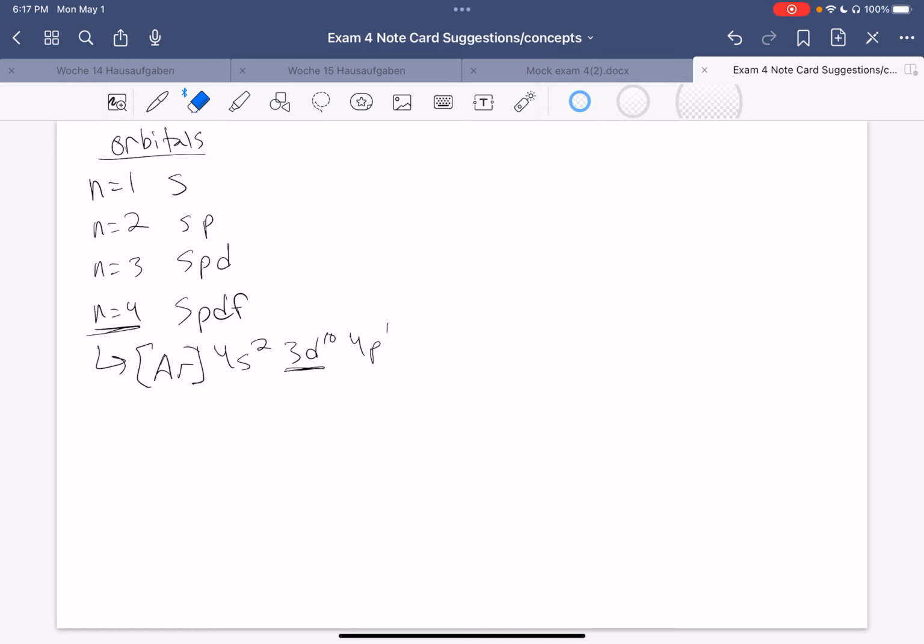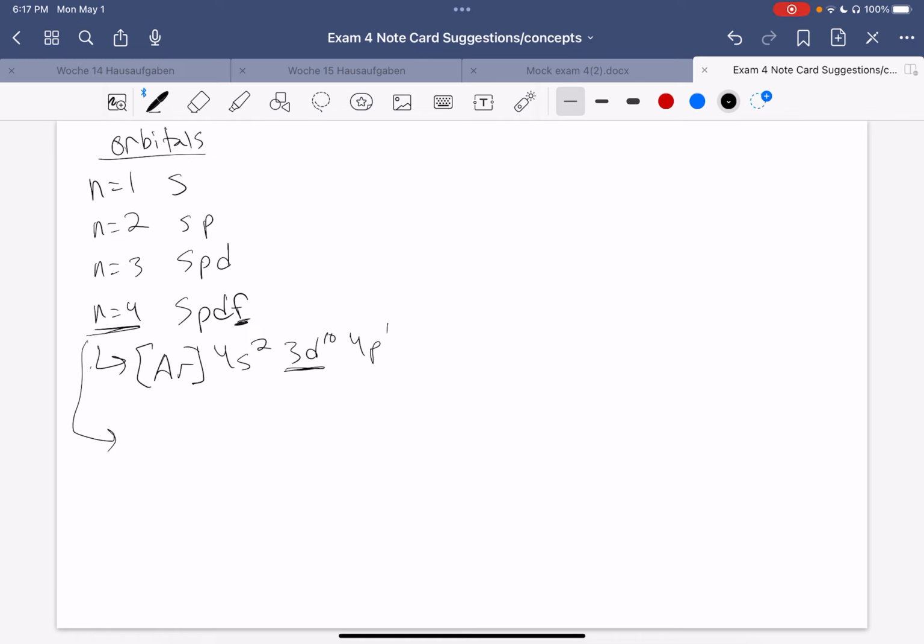And then for, let's just say an even larger one, I think it's whenever we start getting to like the sixth energy level or something like that is when we actually end up with these f orbitals. But there shouldn't really be anything like that on the exam. But just for practice, let's do, I don't know, lead.